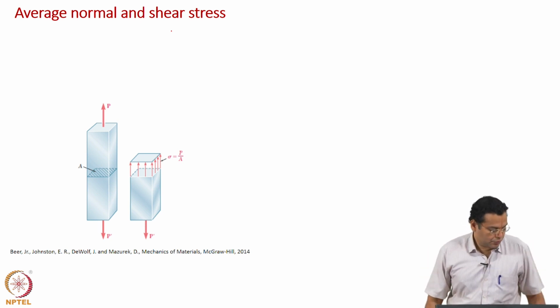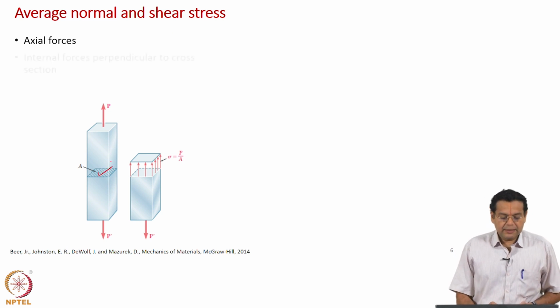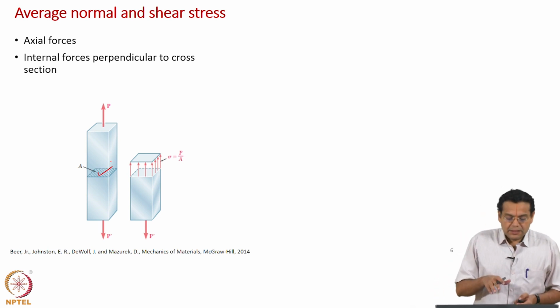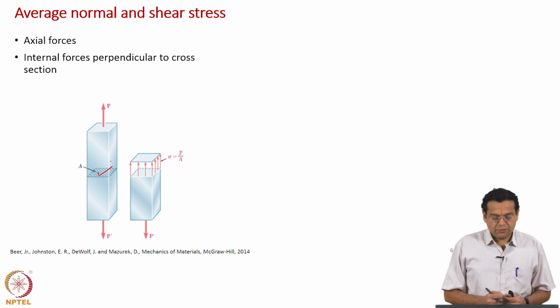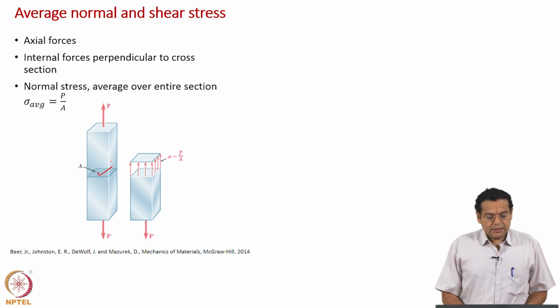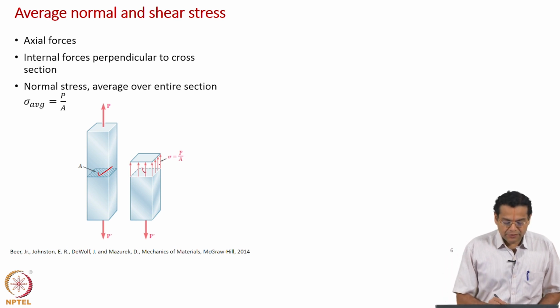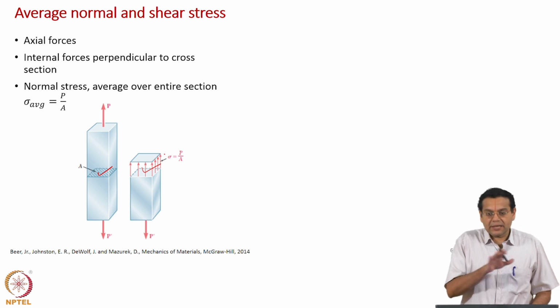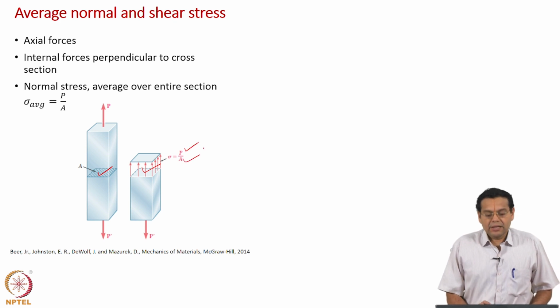Now, if you make a cross section as it is shown here, then of course the internal forces are set up in response to the external load that you apply, and if you take a cross section, the internal forces will be perpendicular to the cross section, and hence you can evaluate a normal stress. So, let us say you take the resultant of the forces distributed across the cross section, take the magnitude, let us say that is P, divide by the area over which it acts, you get the normal stress.